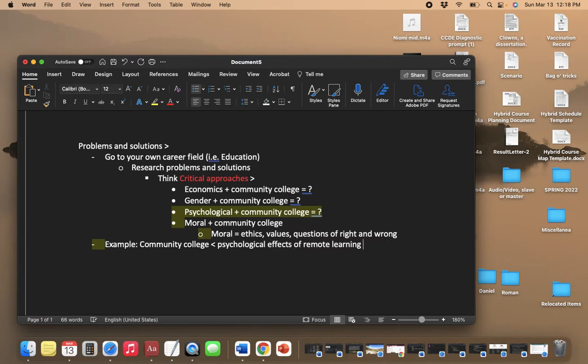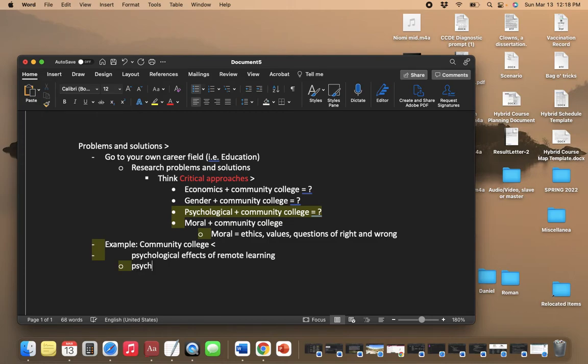Well, again, the thing that I want you to understand is that you're not going to have to argue for face-to-face. You're just really going to tell me research about one thing. So, something like that. And let me do this. Psychological effects of remote learning.